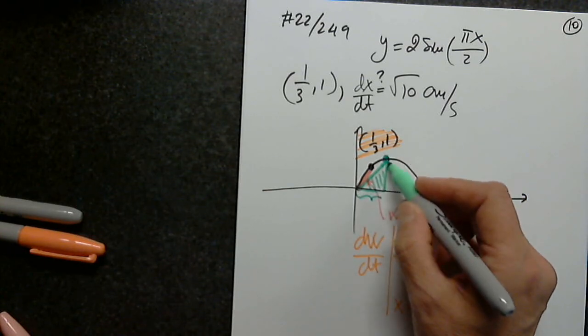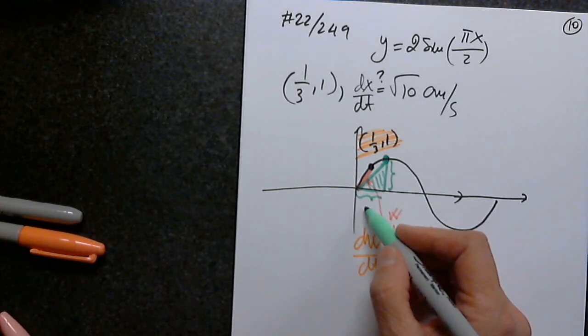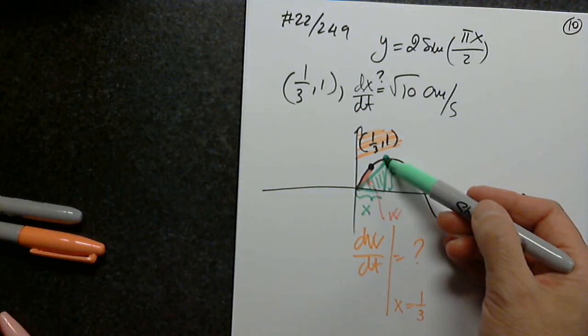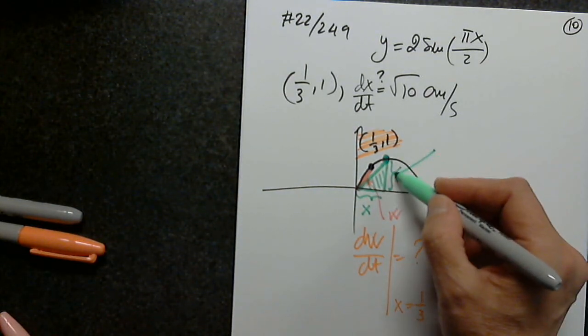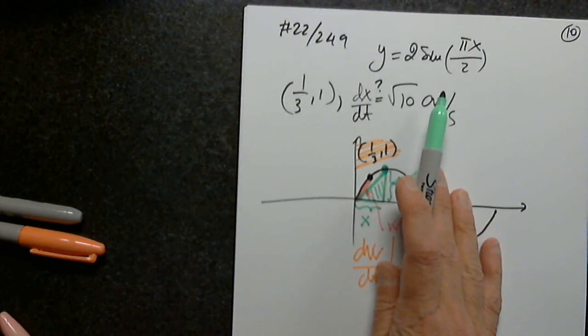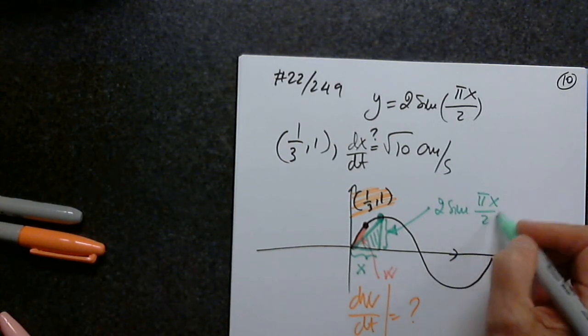One that is this and one that is this. What is this coordinate? What do you want to call it? You can only call it x. It's on the x-axis. It's the x-coordinate of this point. Okay, what is this then? Right, but now I have to put what y equals to. 2 sine pi x over 2.